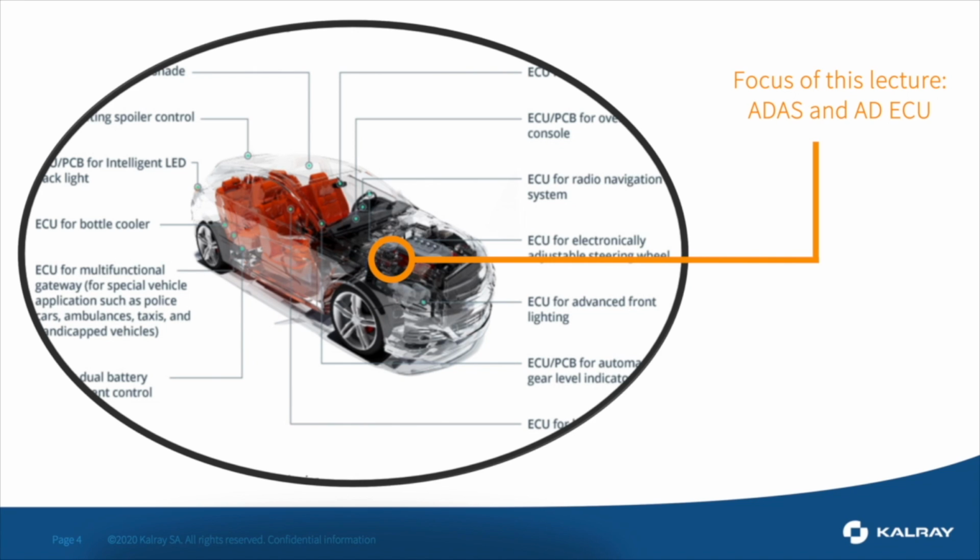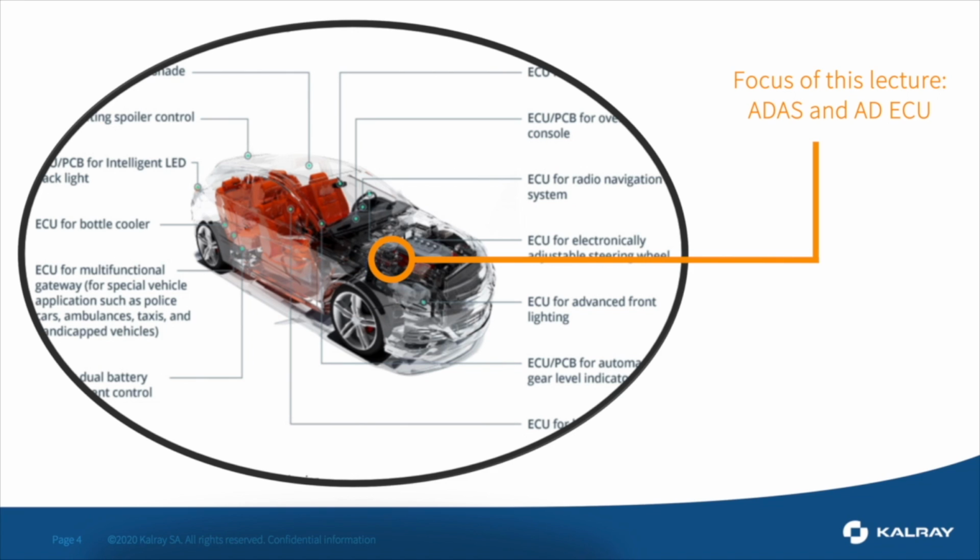Obviously, we have to look at something specific in this lecture, so I will focus my talk about ADAS and AD, two types of ECUs that are coming up into the car. Some vehicles are in production with ADAS. AD is growing up.